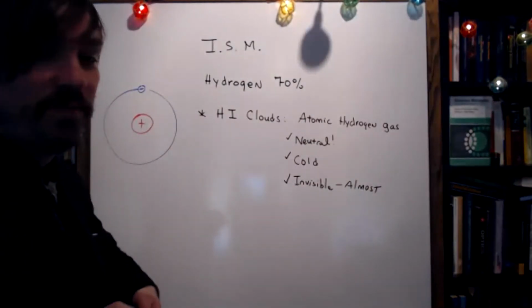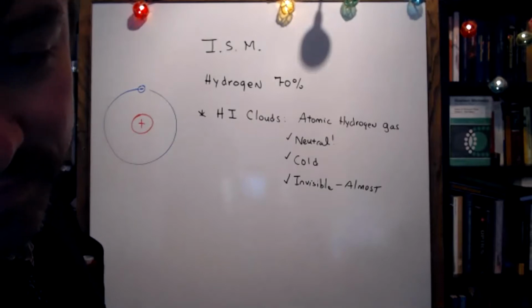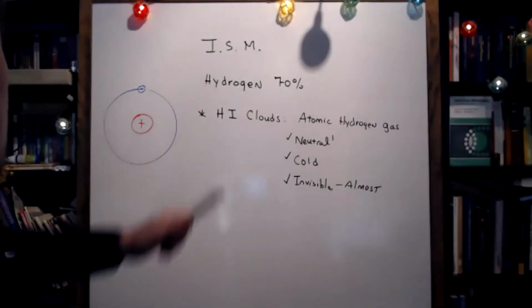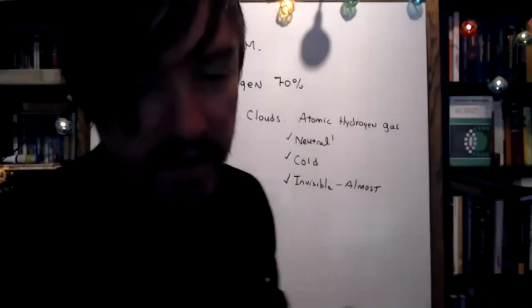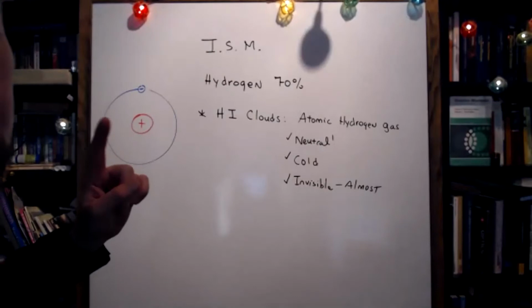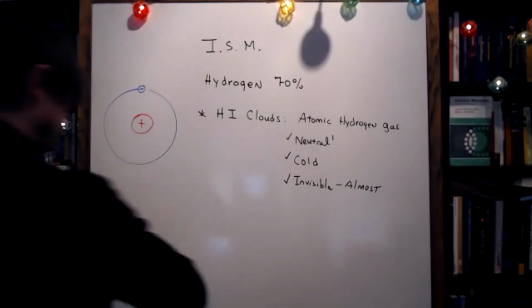I can't show you a good picture of H1 clouds. Well, not at optical wavelengths anyways. This hydrogen gas might make up the majority of matter in the disk of a spiral galaxy, but it's very difficult to detect unless you look at radio wavelengths.